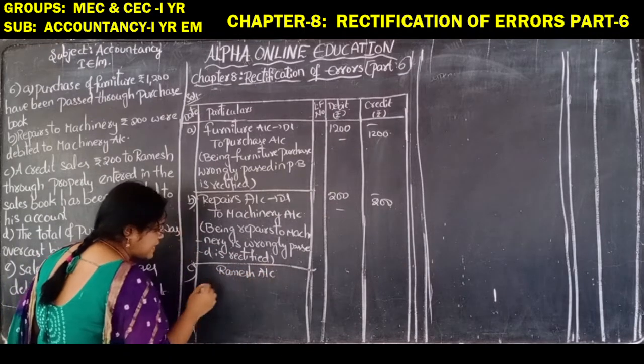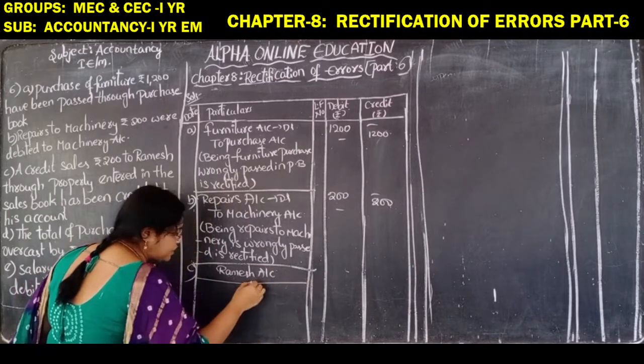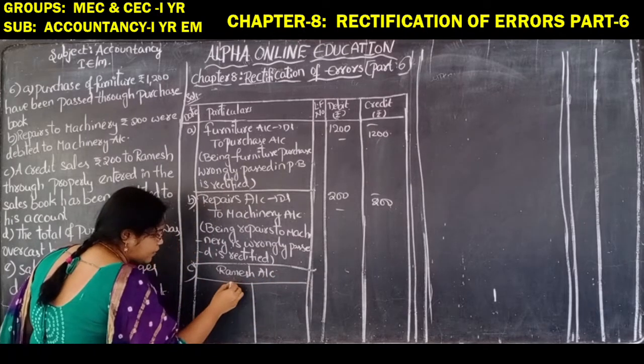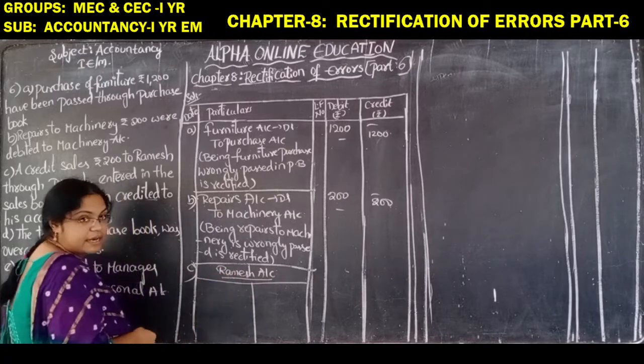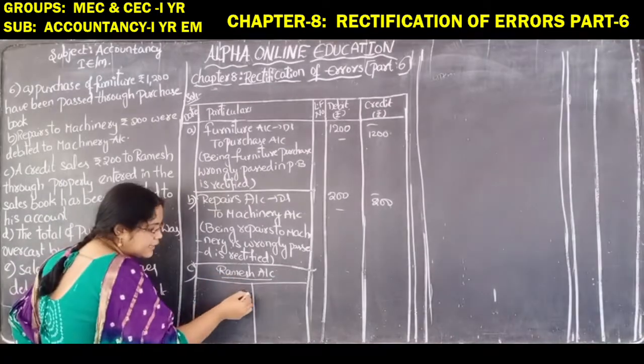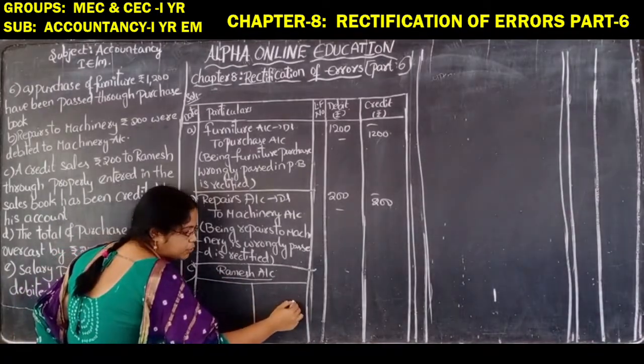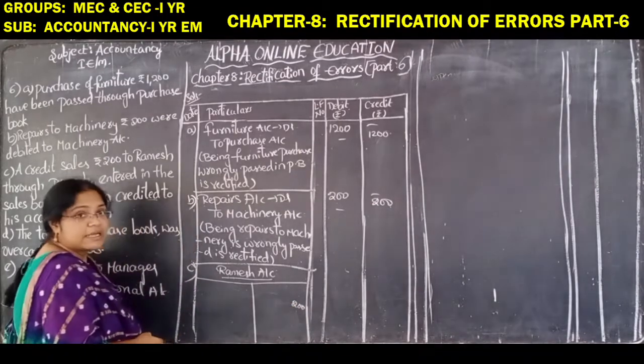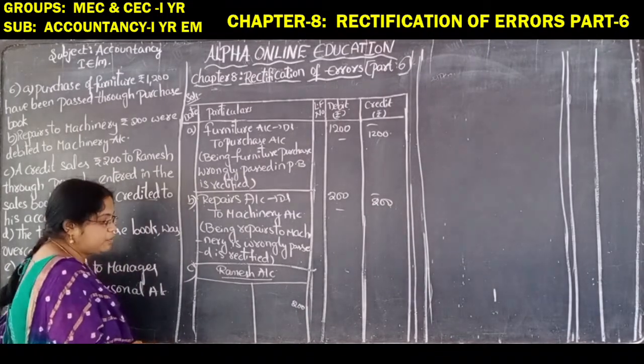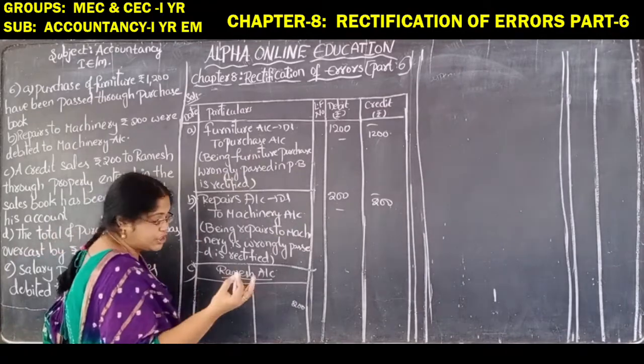If we consider this Ramesh account, they credited the Ramesh account with 200 rupees. It means they have made a wrong posting.